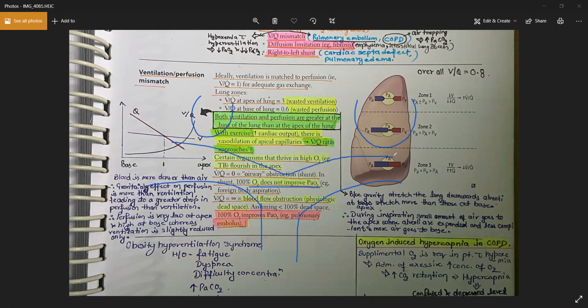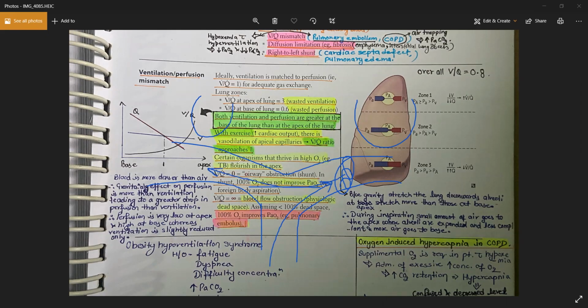Now you get a dead space in this case where you get an embolism in this blood. Because of this embolism, this blood cannot go in this direction, but this blood has to go somewhere, so all of this blood will be diverted to this side.